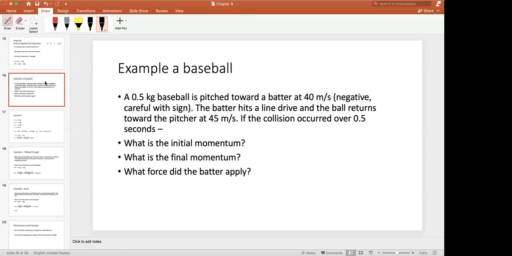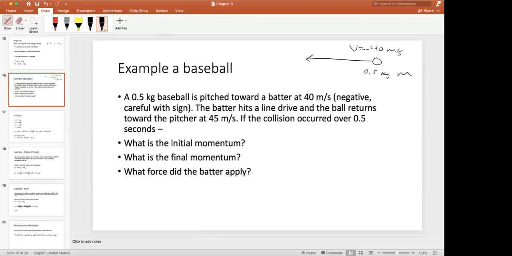So what I'm saying in this example, though, is I have a 0.5 kilogram baseball, and I've thrown it level to the ground in the X direction. Its velocity is 40 meters per second, and this is my 0.5 kilogram mass, okay?